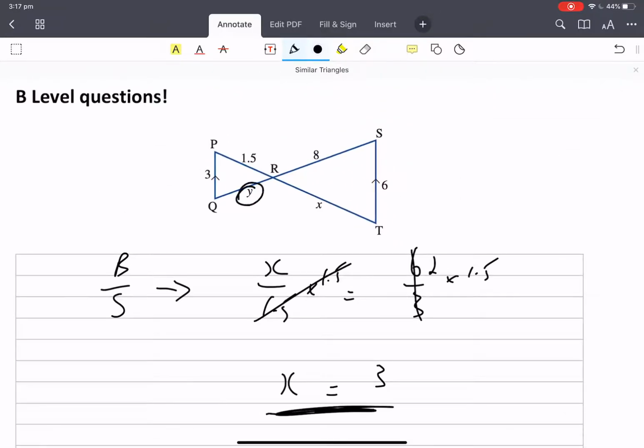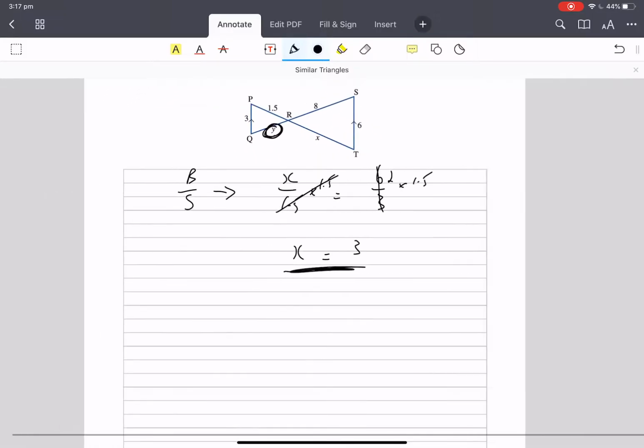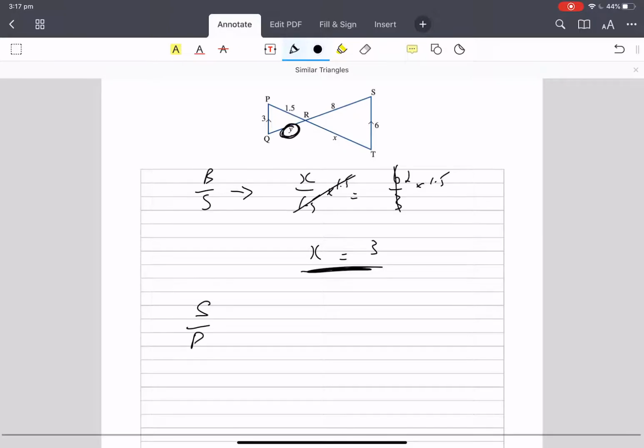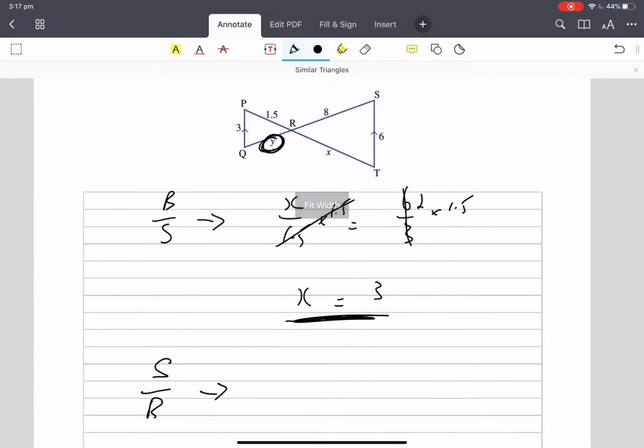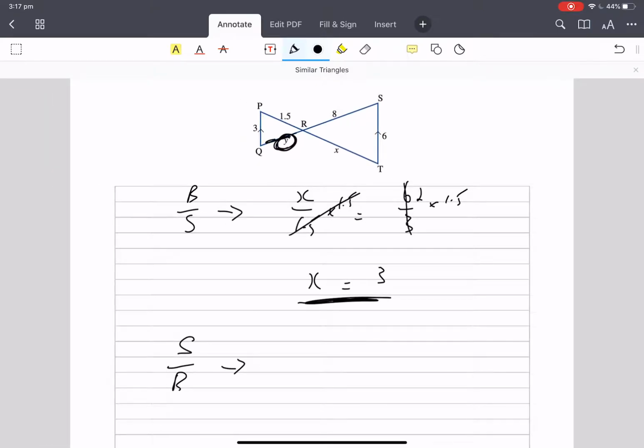Now I've got to find this y. Can you notice that y is on these smaller triangles, so we really want the S over B ratio, not the BS ratio. So, small over big.